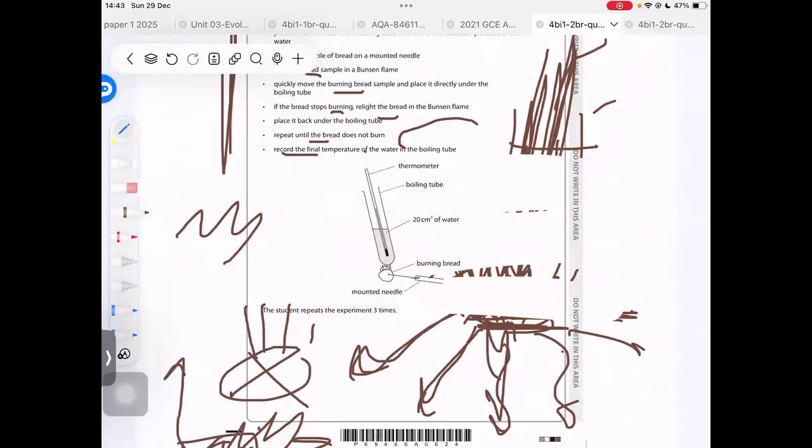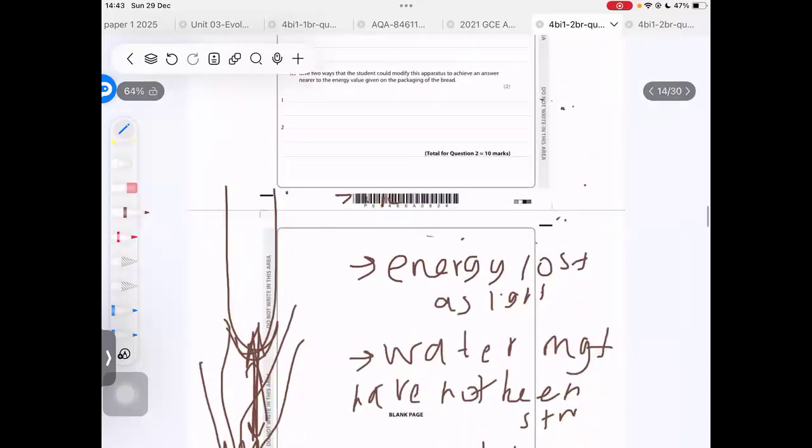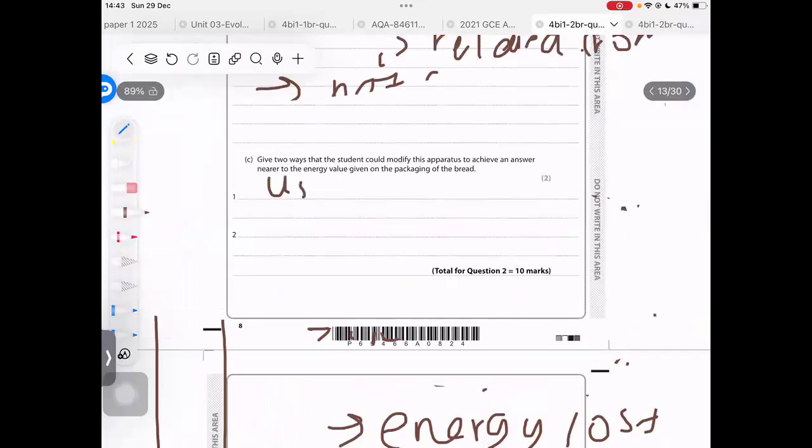So why can't we insulate this area? Why can't we use a heat shield so that energy is not radiated to the outside environments? So you can mention use a heat shield.